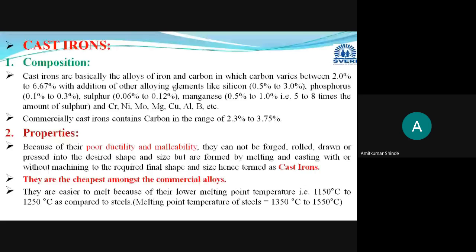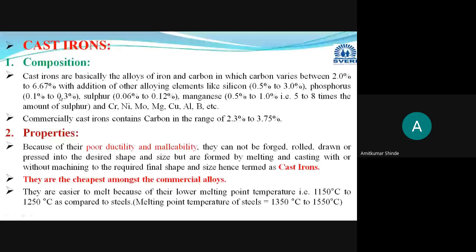In the steels, the carbon percentage is within the range of 0.008 to a maximum of 2%. And in case of the cast iron, the percentage of the carbon will vary within the range 2% to a maximum of 6.67%.